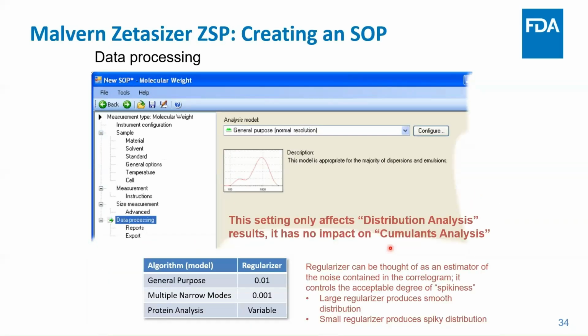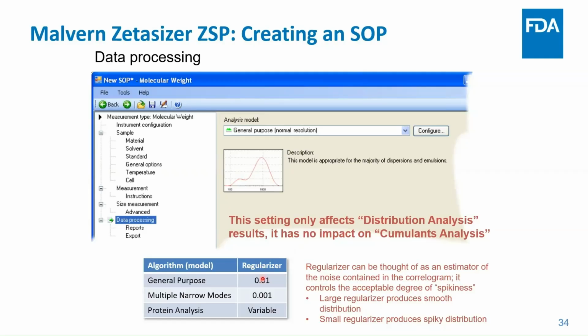Right, so then this kind of goes back to what I was talking about before with the 10 nanometer and 50 nanometer sample. When they're exporting their analysis mode, if they use a distribution analysis, that means they're applying the regularization. And so anything that they change inside of the analysis, the distribution analysis, won't really change the cumulant value.